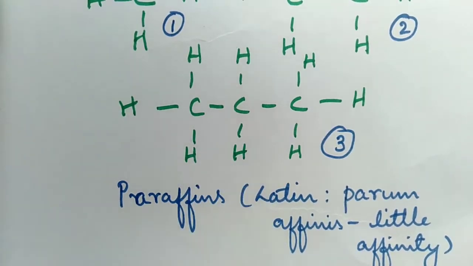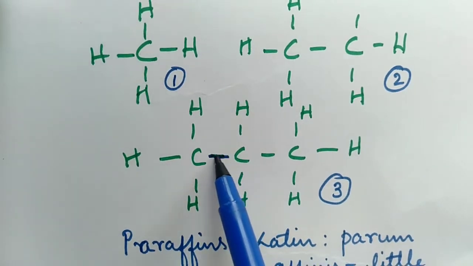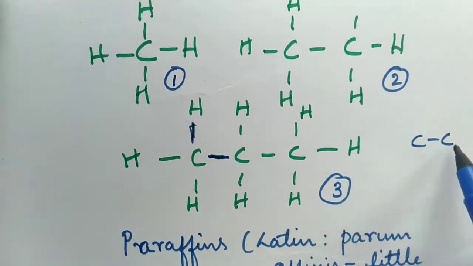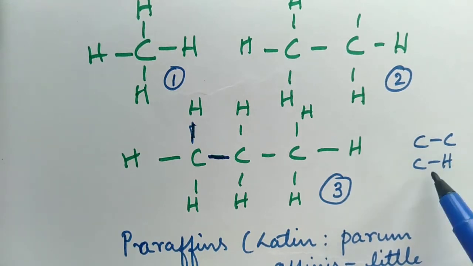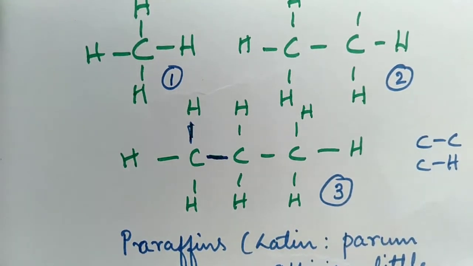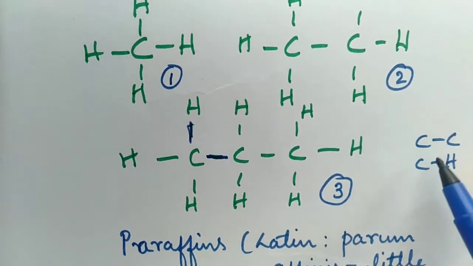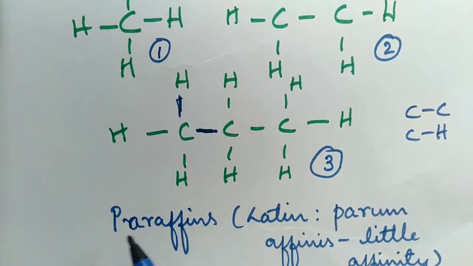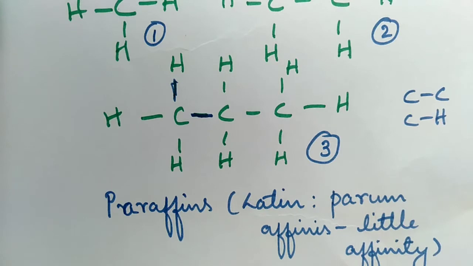Forget about methane, look at ethane and butane, you'll see that we have C single bond C and C single bond H. These are single covalent bonds and they are stronger. So that's why alkanes are relatively chemically inert. Because of these strong bonds, alkanes are chemically inert. That's why they are known as paraffins, which means little affinity. Okay?